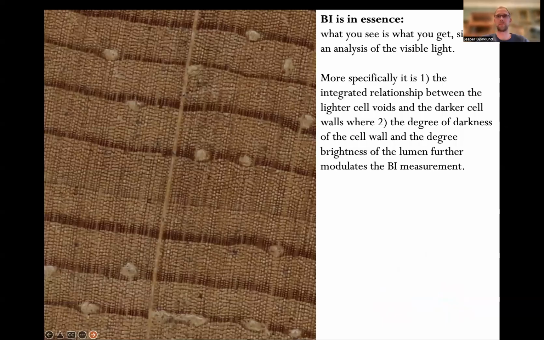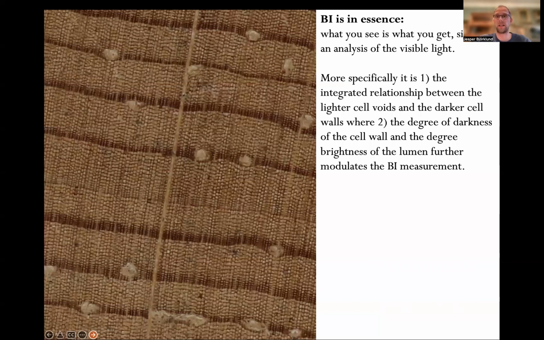So BI is in essence what you see from a scanned image or a photograph image like this. If you have black ink or if you have resin ducts or anything like that, like a tea stain or something, that will be recorded in your blue intensity measurements.